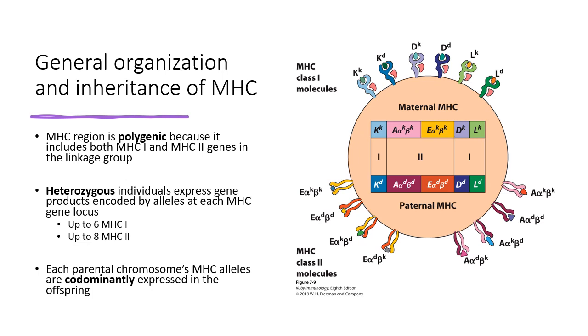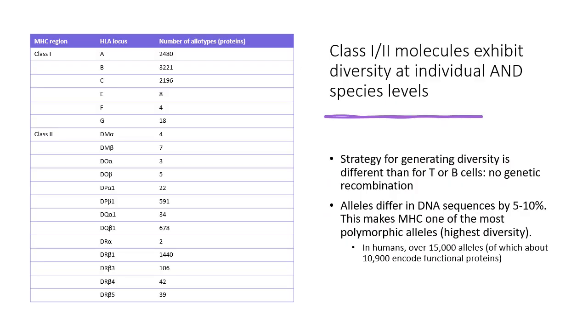And the reason I say uniquely yours is because of this next slide, which has a big long table in it with lots of different gene options. On this slide, it shows you some of the options, or how many types of proteins are available for each of the types of the MHCs.